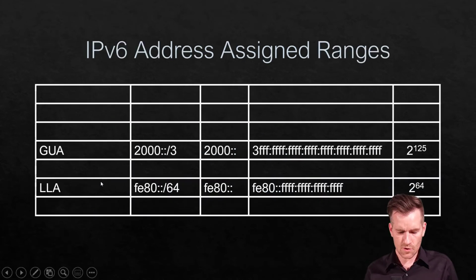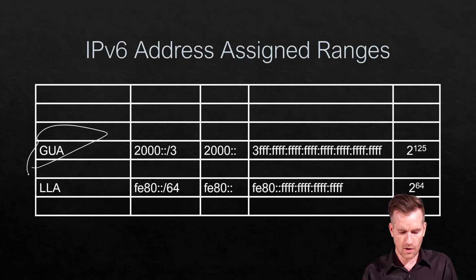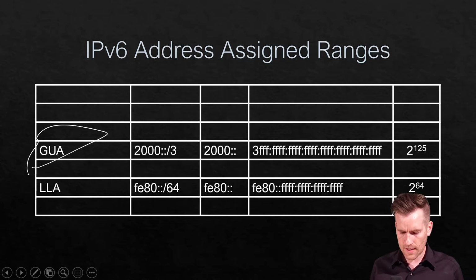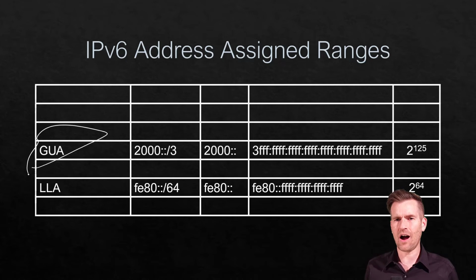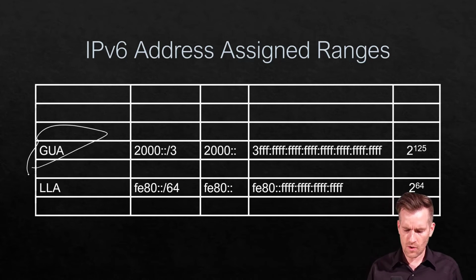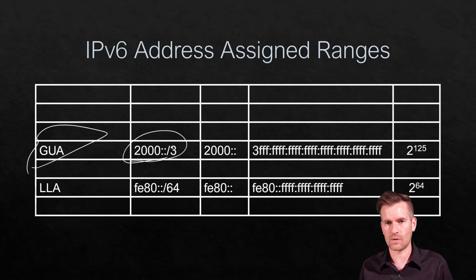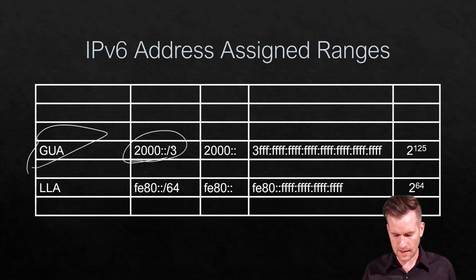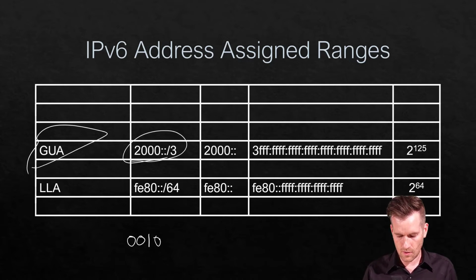So what does the range look like for a global unicast address? Well, the range is huge. It's going to be 2000::/3. That means the first 3 bits are going to be 001, and then the next bit will be either a 0 or 1.